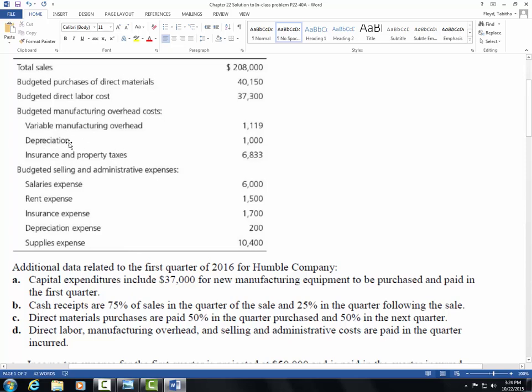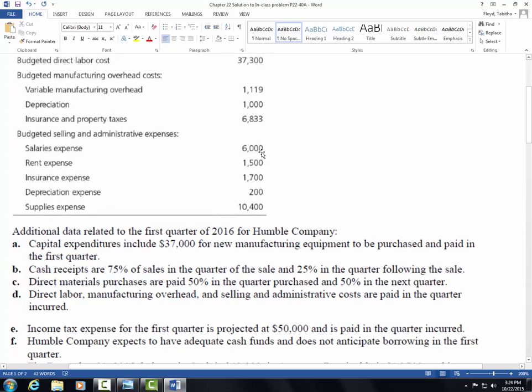So that depreciation is not going to show up on our cash budget at all. So for manufacturing overhead, we're just going to use this $1,119 plus the payments that we're going to have for insurance and property taxes. So the top number and the bottom number, not the depreciation number.